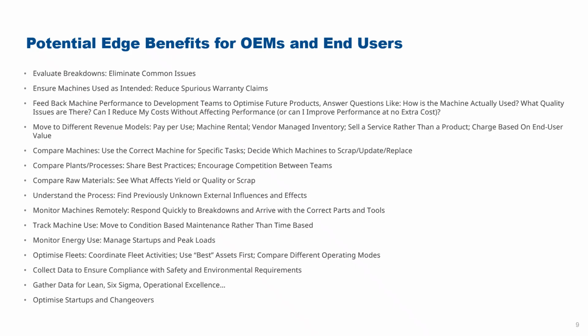If you have fleets of assets, you might want to coordinate fleet activities. Maybe use the best assets first, maybe compare different operating modes. So for example, if you've got a fleet of, say, generators, you might say that certain generators are more efficient than others, and you might want to use those ones first rather than use the inefficient ones. But when you need a peak load, you might have to use all of them. But then again, there may be offsets there.